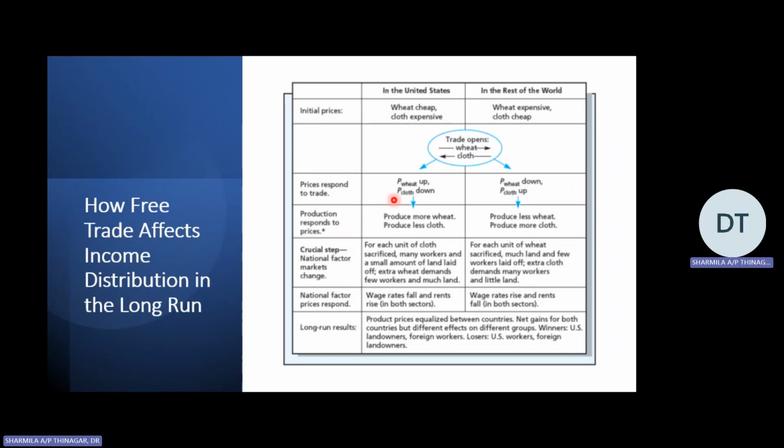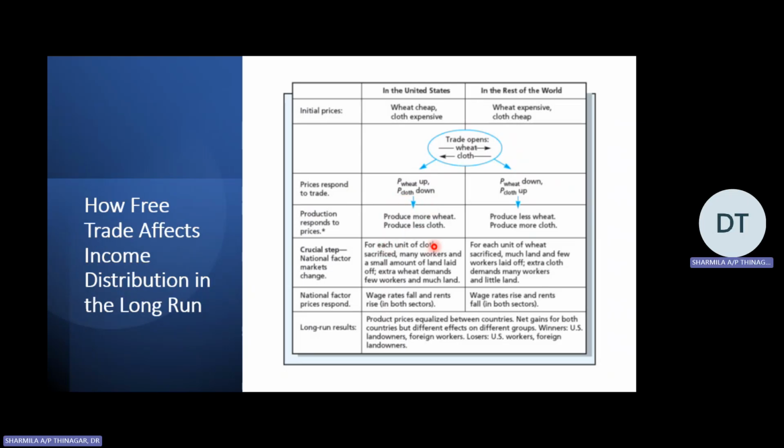So just now, the price of the wheat goes higher, so they will produce more wheat. Because the price of the cloth is lower, they will produce less cloth. So this is how the reaction will be. Remember, law of supply.